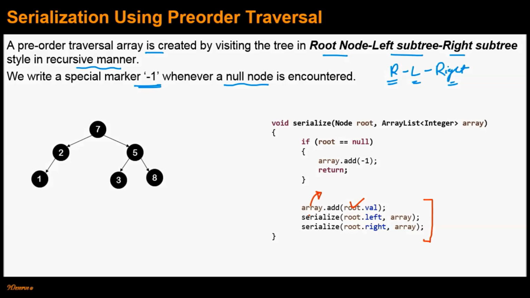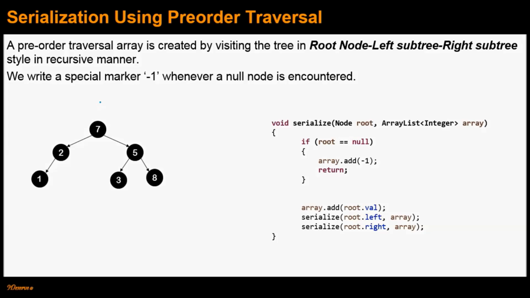Then we are visiting nodes in the left subtree for the root node, and then here we are visiting the nodes in the right subtree for the root node. During this pre-order traversal, if we see that the current node or root that we are visiting is null, what we are doing is adding -1, which is a special marker to indicate the null node.